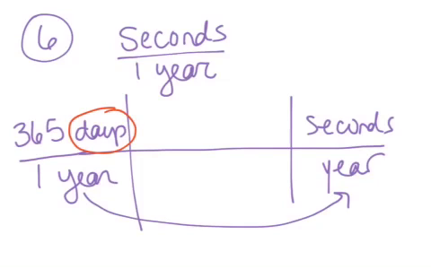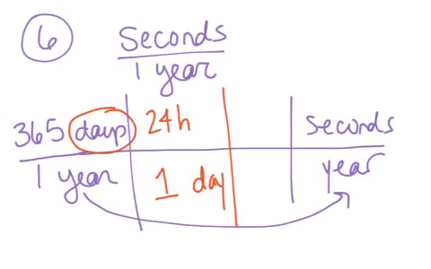So I know I have to put days right here. And I've got to cancel. So let's think about that. If we've got a year, I could talk about a day. A day is 24 hours. And I know that I want my hours to cancel. So I've got to put hours down here.